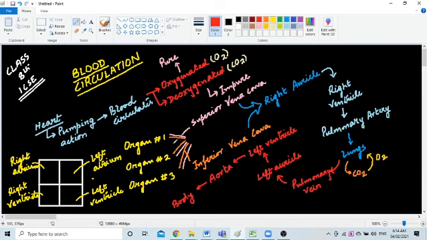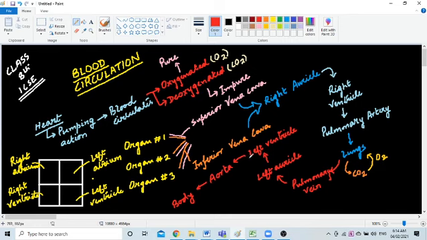So if we explain it once again: superior vena cava and inferior vena cava collect blood from different organs of the body, it goes to the right auricle, then the right ventricle, then through the pulmonary artery it is pumped into the lungs where the exchange of gases takes place, and from the lungs the pulmonary vein carries it to the left auricle, and then through the left ventricle it goes to the aorta, and then it is circulated to the remaining body parts.